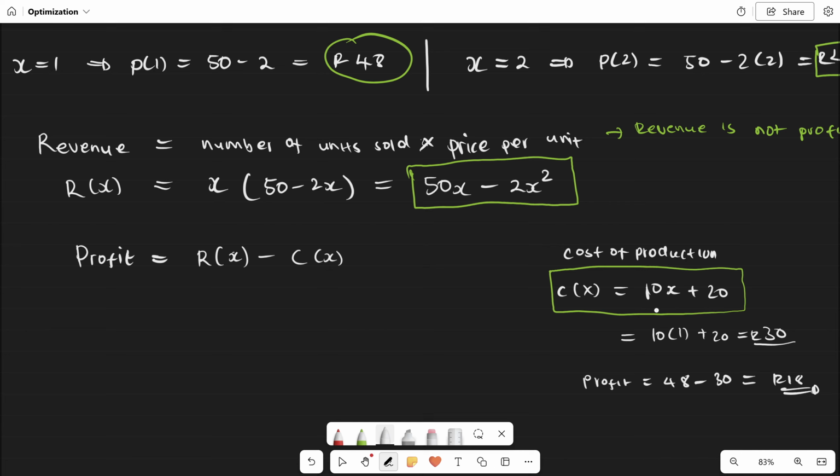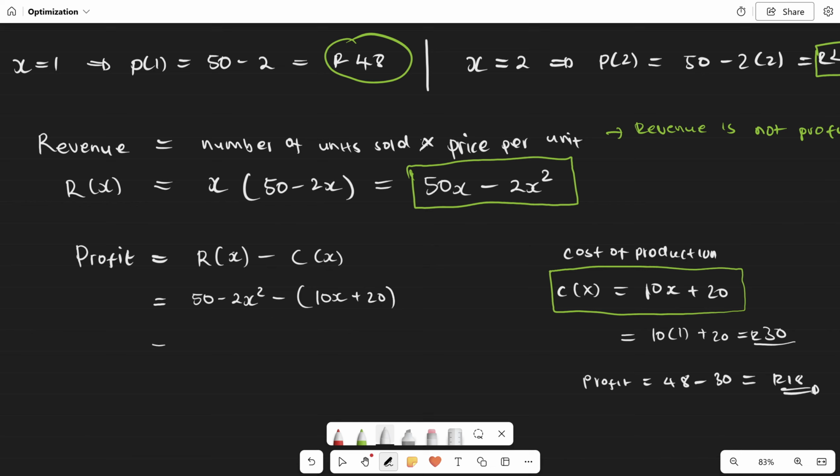But we are not dealing with just one product, we're dealing with many products, right? So we can represent this using the revenue function. Instead of just dealing with one product, which is just 48 rands, we can deal with the general revenue function. So our revenue function is 50x minus 2x squared, minus our cost function, which is 10x plus 20.